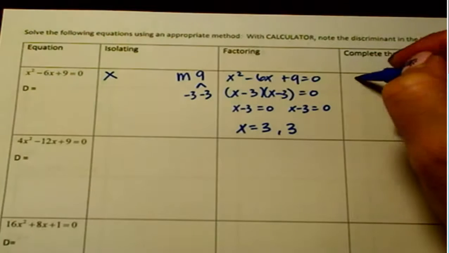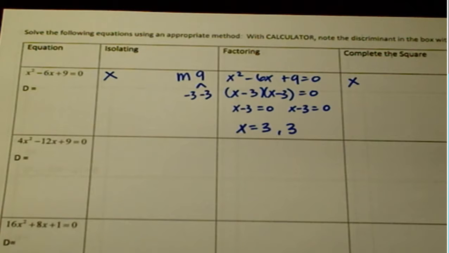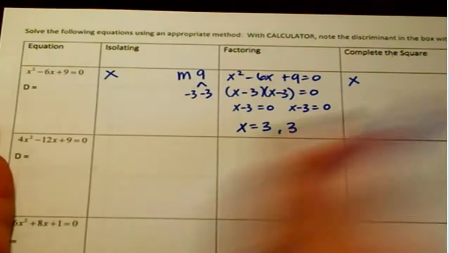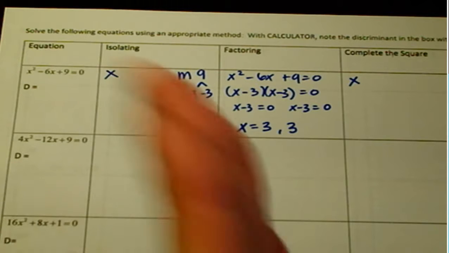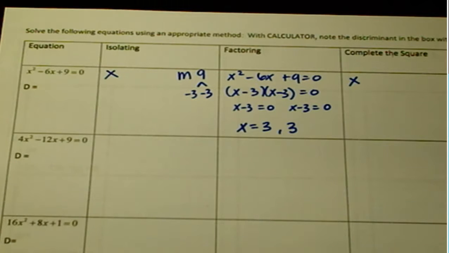Okay, I would not complete the square if one of these other two methods work, right? You should only be doing one of those methods in these first 3 columns. I would always start with isolating and work my way down. Yes? So would you have to write 3 comma 3 or just 3? Okay, so you could just write x equals 3.